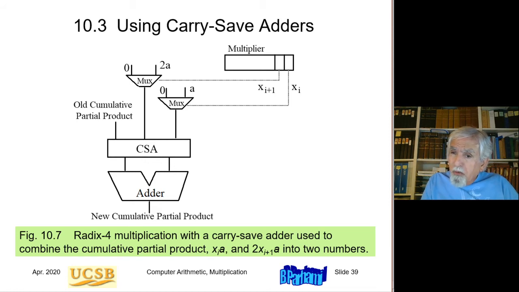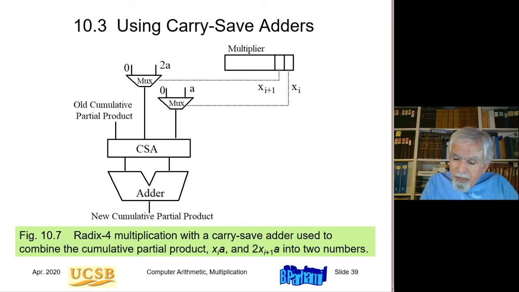Okay, so the critical path, the adder, of course, is not shown, is down here. Before the adder, the path goes through a multiplexer. These 2 work in parallel, so there's just one multiplexer and a carry-save adder. Okay, so that's the multiple formation and then the actual addition.